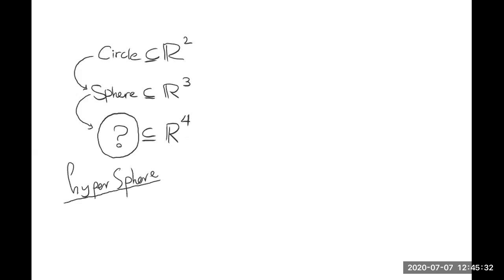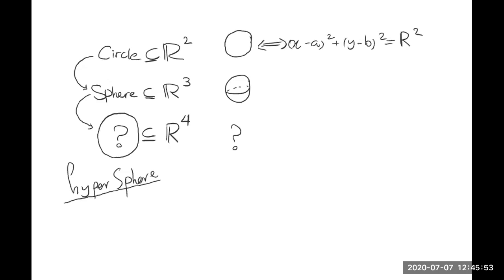We can see circle, we can see sphere, we can't see HyperSphere, but we can write down the equation. That's the equation for circle, right? We can write down the equation of sphere. So what is the equation for HyperSphere?